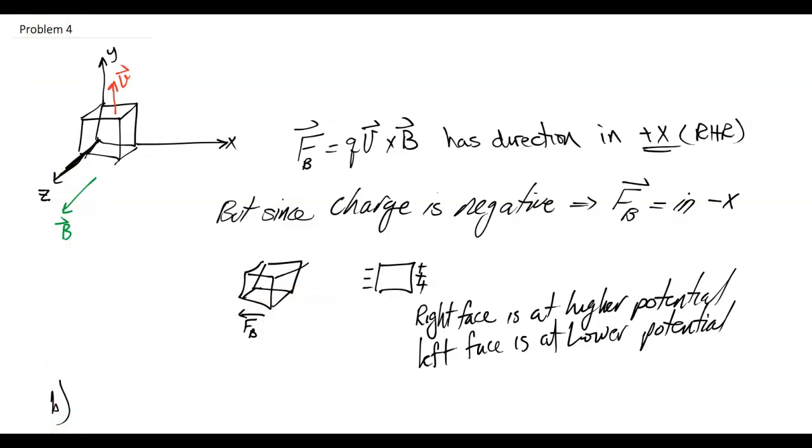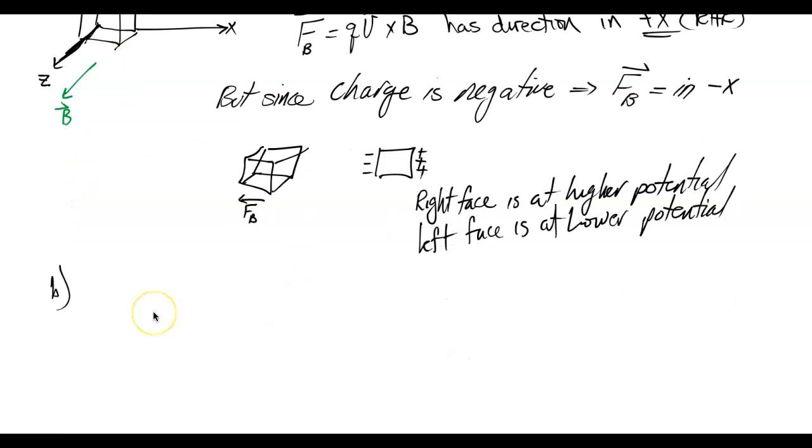So let's look at part B. If we look at the electric force, we know that the electric force is given by the absolute value of the charge times the electric field, and the magnetic force is given by QVB sine theta.